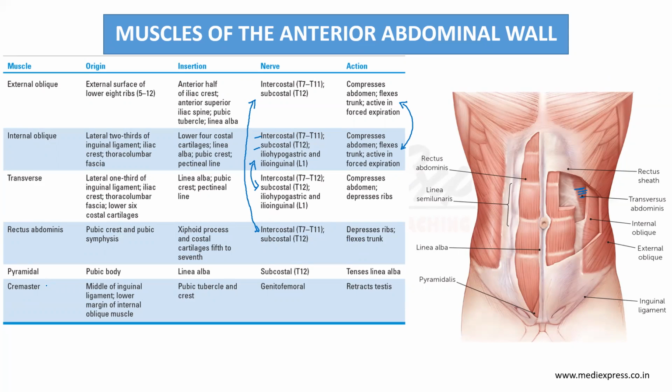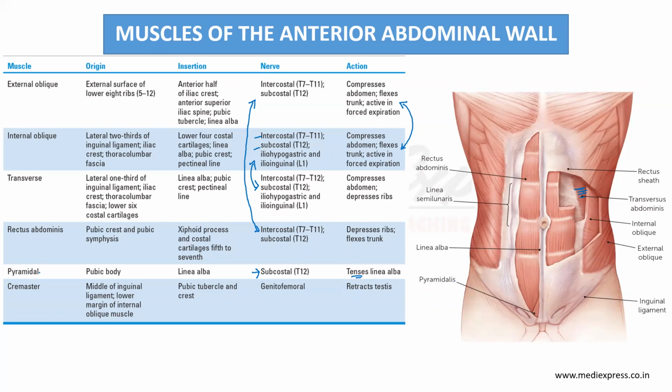Now coming to pyramidalis, it has innervation only from the subcostal nerve, and it acts to tense the linea alba. We have a linea alba, right? It helps to tense the linea alba. That is the action of pyramidalis.